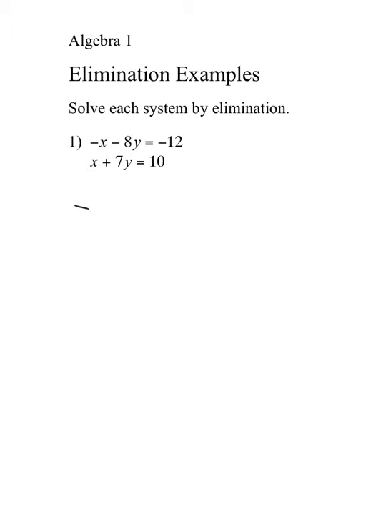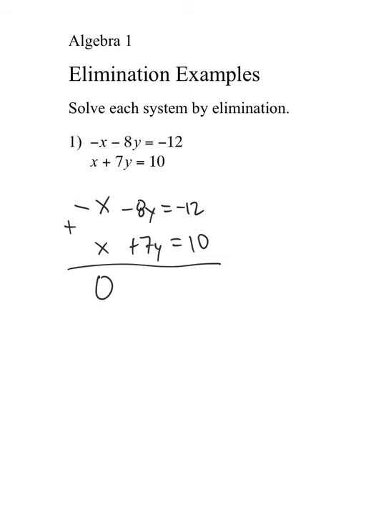So, guys, here we notice we got negative x minus 8y equals negative 12, and a positive x plus 7y equals 10. Okay, guys, my x's are the opposite, so I'm just going to add the 2 equations. Negative x plus x, that's 0x, 0.